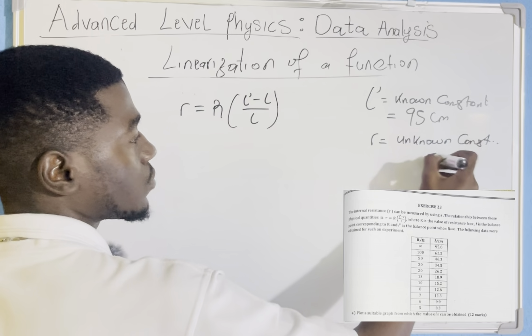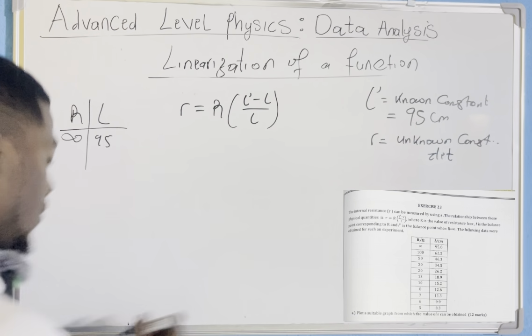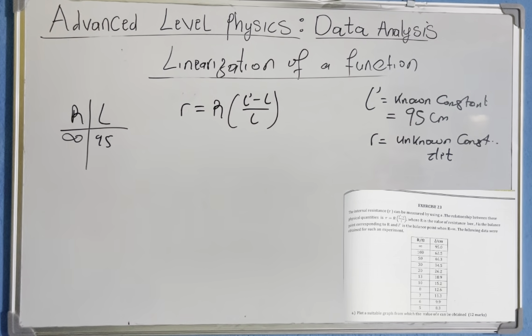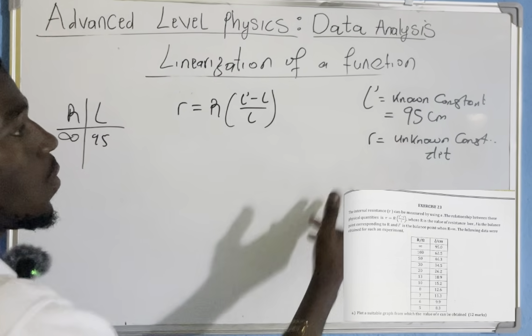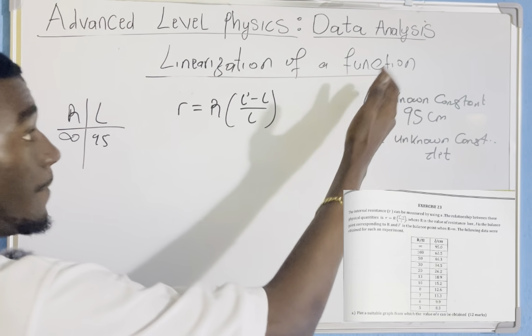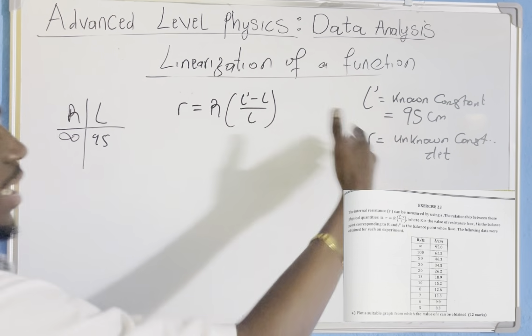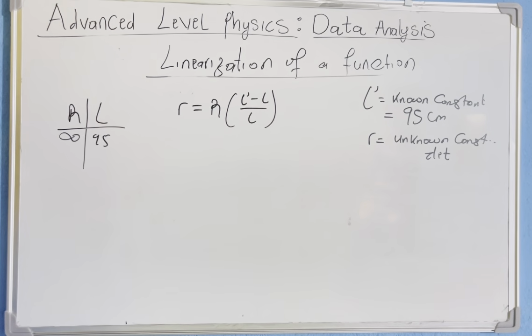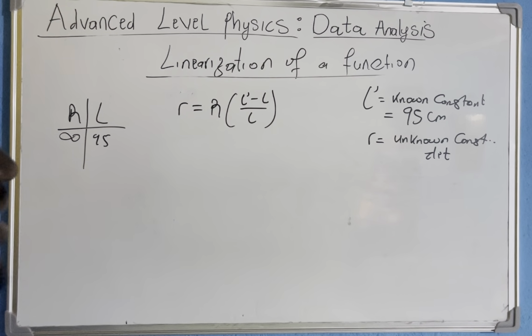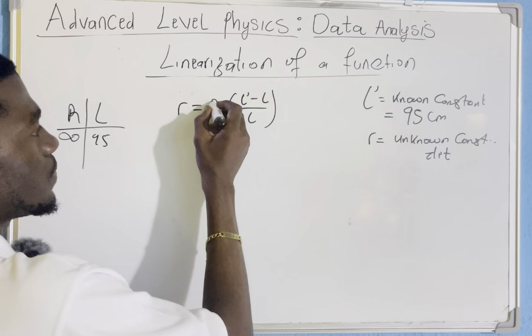With this information, I can now linearize. So, students, knowing already that L prime is a known constant and small r is an unknown constant to be determined, we can now proceed with the linearization. You should try it and come back and take the correction. Now let us see if what you did is correct.